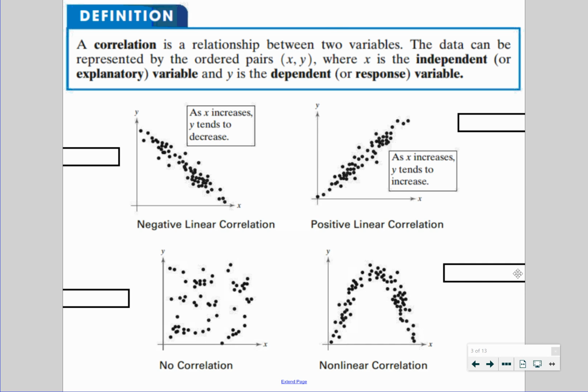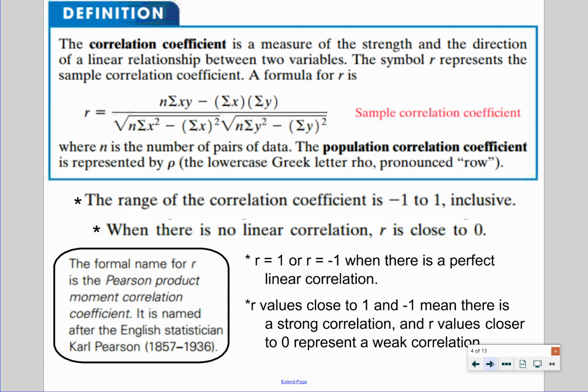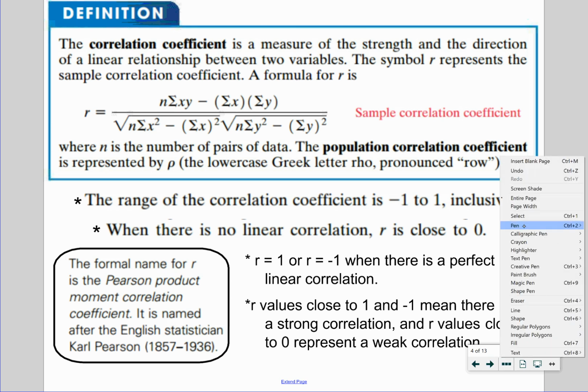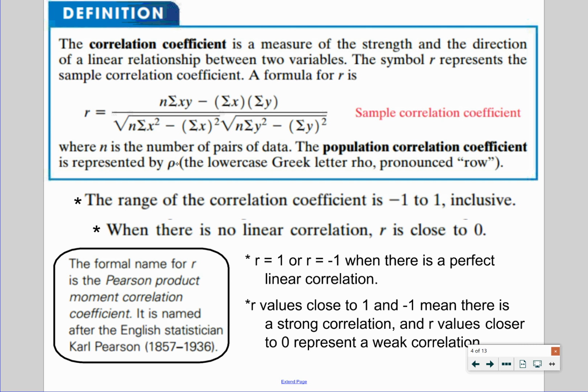All right, so we need to be able to calculate correlation and interpret it, and we use an R value to do that. Well, let me start with this actually. So it looks like a lowercase p. It's actually the Greek letter rho. That is a population correlation coefficient.